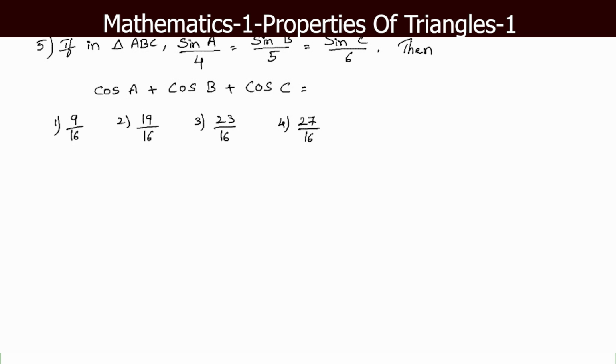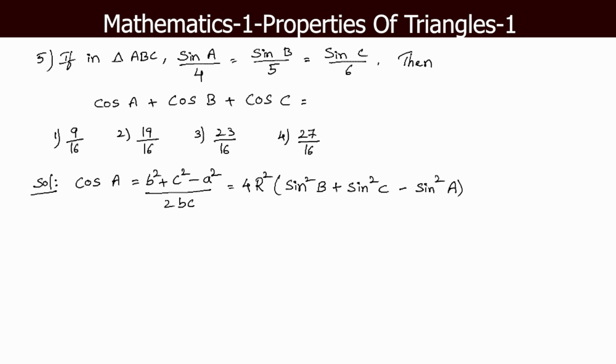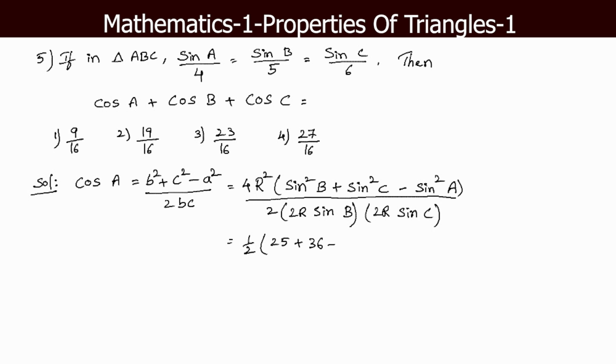So use the cosine formula. Cos A is equal to b square plus c square minus a square by 2bc. Now b square means 4R square sin square B, and c square means 4R square sin square C, and a square is 4R square sin square A. So if you substitute those values, you will get half of 25 plus 36 minus 16 by 5 into 6, which is half of 45 by 30, which is nothing but 3 by 4.